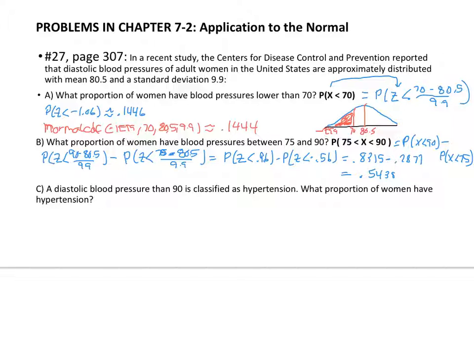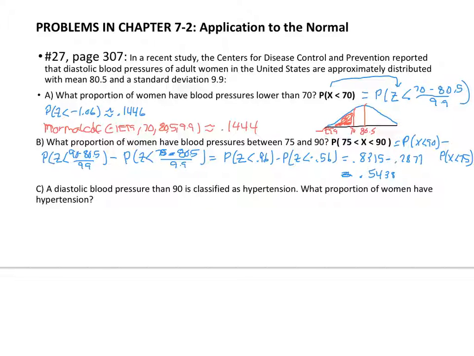And that's an approximation. So the proportion is about 54.4% of the women whose blood pressure is between 75 and 90.